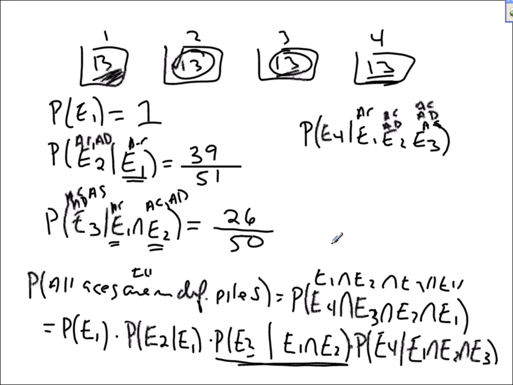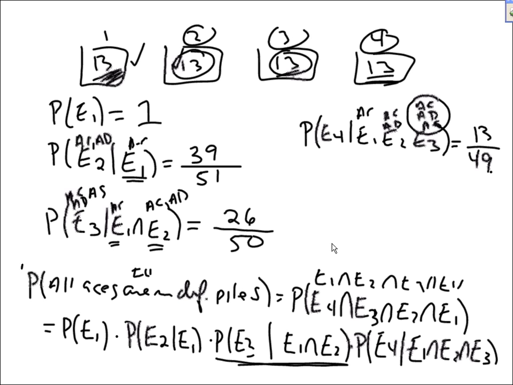The intersection will be all these 3 are in different piles. Say 2, 3, and 4. So there's only one place to put that remaining ace. And that's one of the 13 cards in pile 1. And there are 49 cards left over.